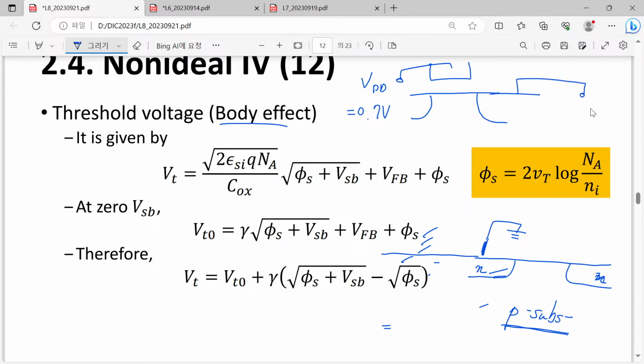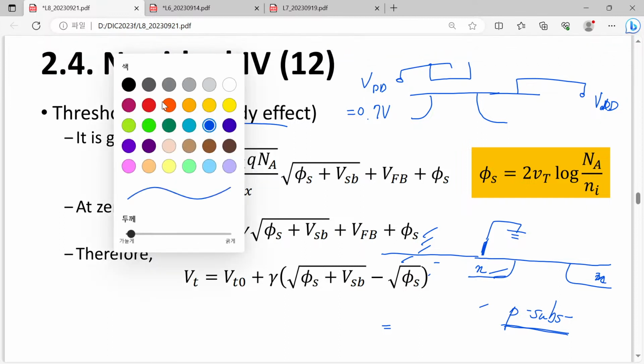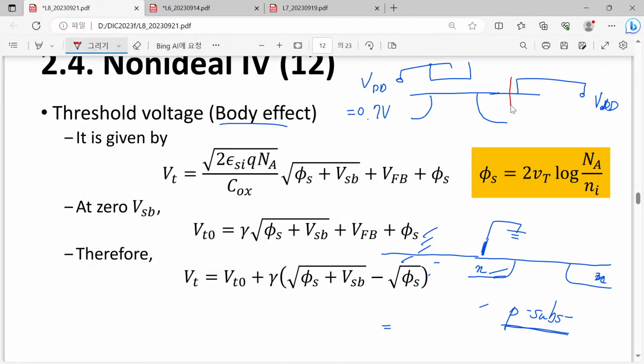Here you have also applied VDD, and in order to maximize your drain current, the on current, what you can do is reduce your threshold voltage.